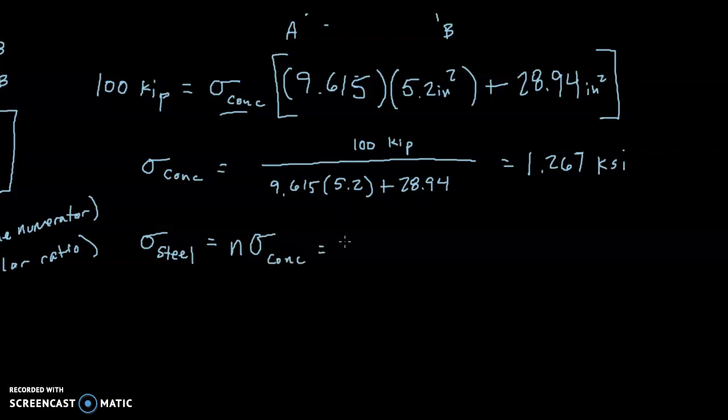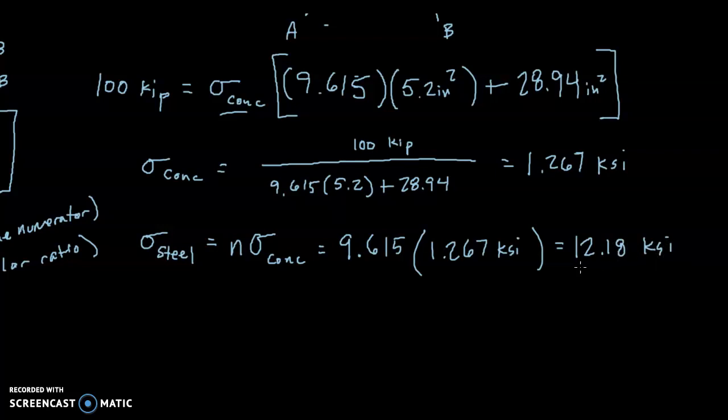So that means it's equal to 9.615, which is our modular ratio, times 1.267 ksi, which is the stress in the concrete. If I multiply those together, I'm getting 12.18 ksi.